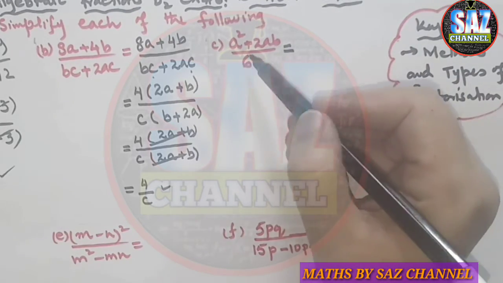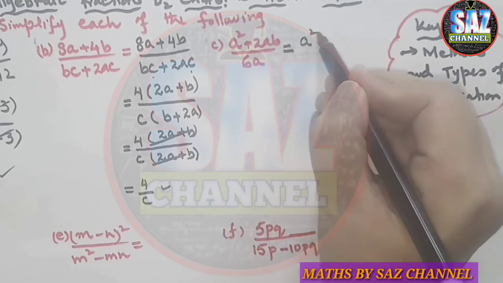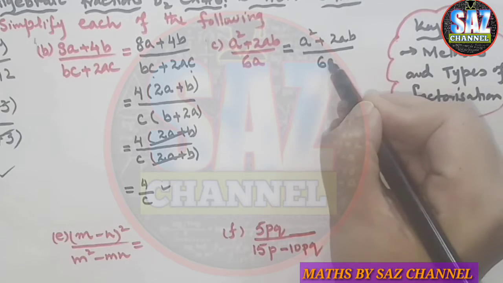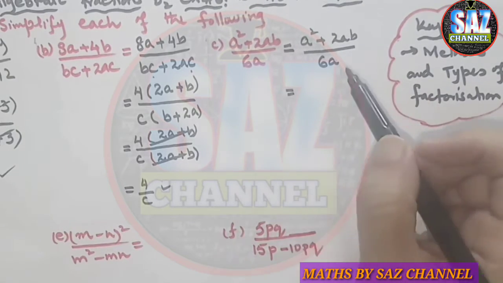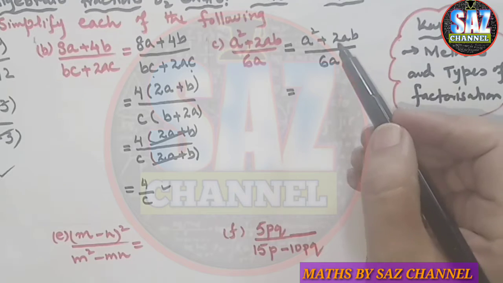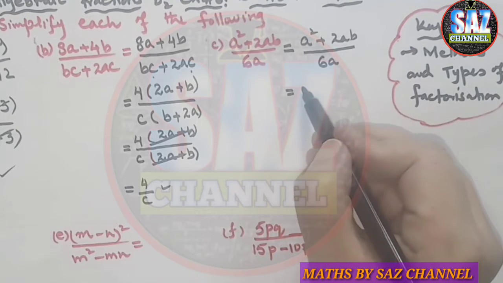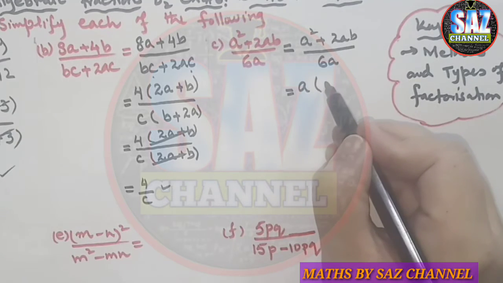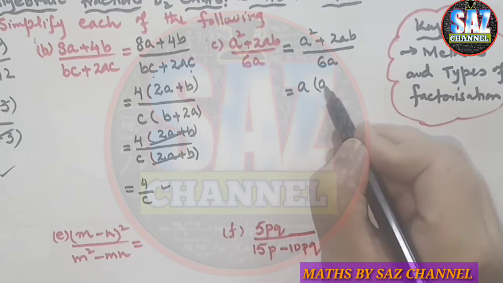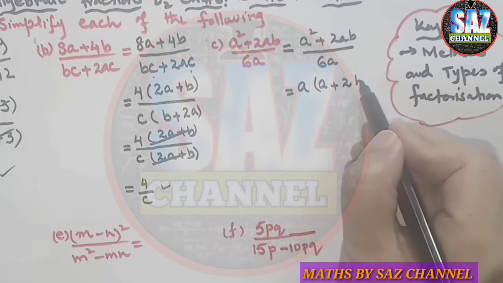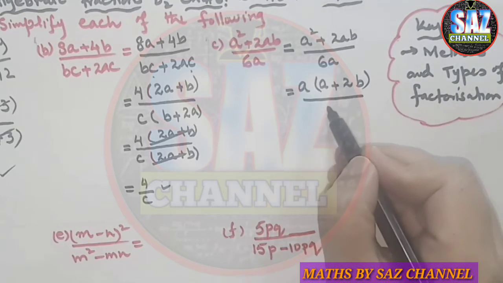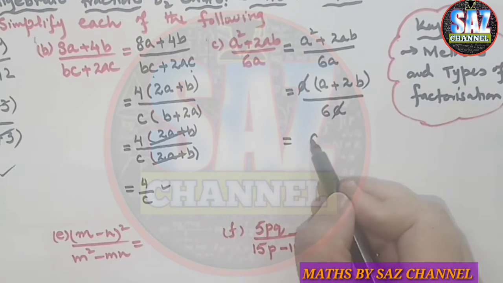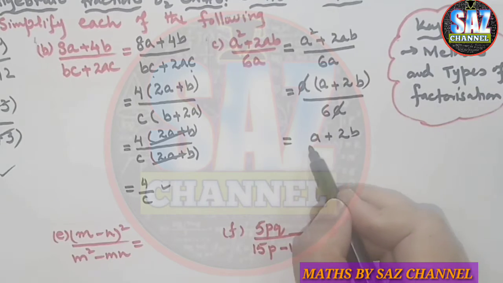The next question is a square plus 2ab upon 6a. Look at the numerator. Numerator is the sum of two terms, and we can extract a from the numerator, and when I am extracting a out, inside the bracket from the first place I will be left with a plus 2b upon 6a. The a will be going with this a and my answer will be a plus 2b upon 6.